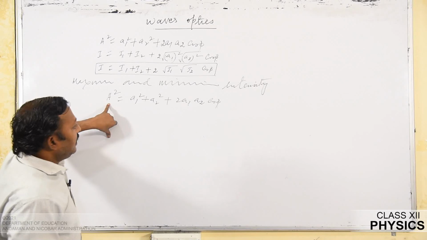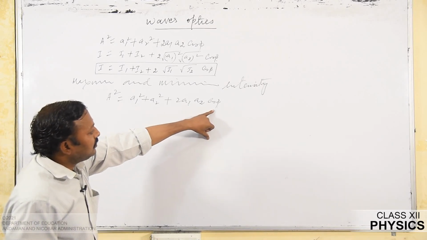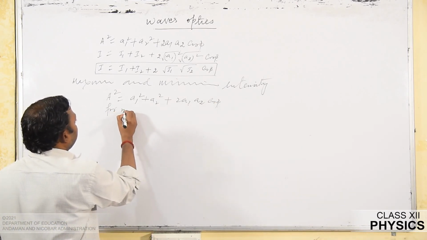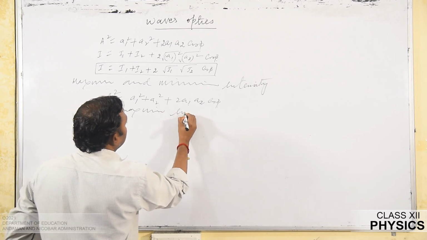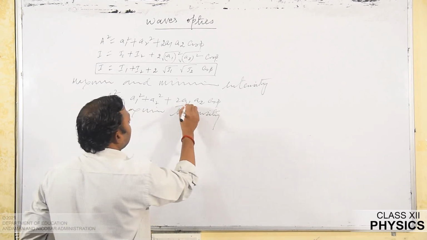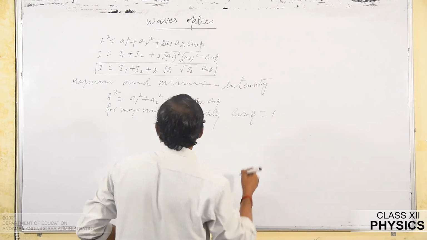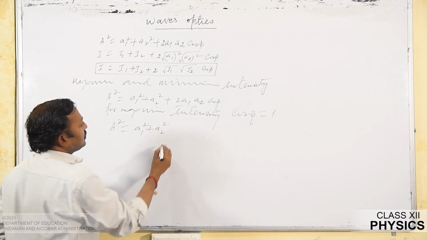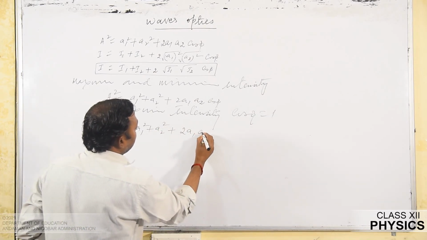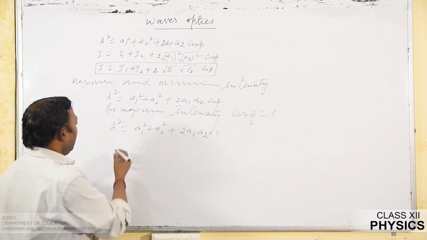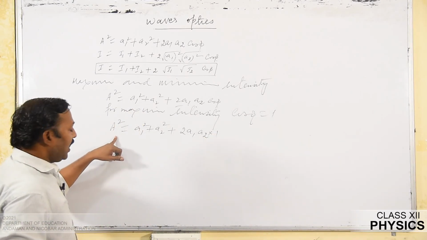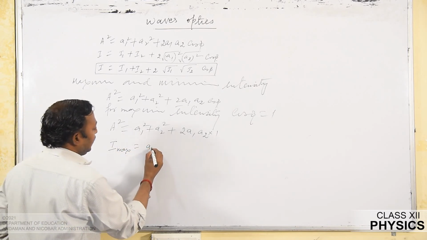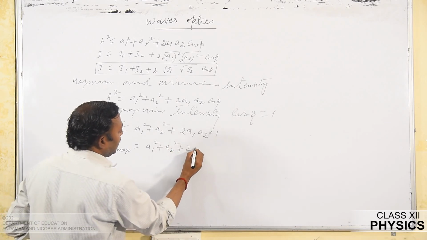The amplitude will be maximum if phi is equal to 0 degree, or cos phi is equal to 1. For maximum intensity, cos phi is equal to 1. So we get a square is equal to a1 square plus a2 square plus 2a1 a2 multiplied by 1, and also a square is proportional to I, therefore in place of a square we can write I maximum is equal to a1 square plus a2 square plus 2a1 a2.